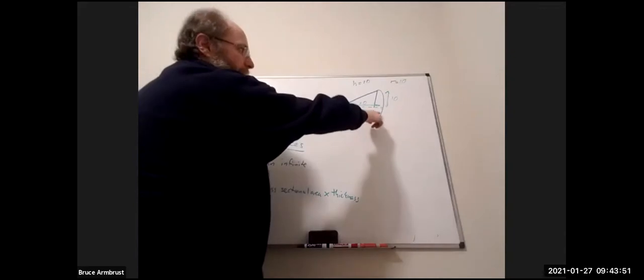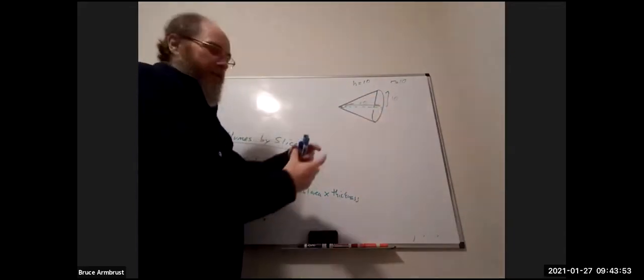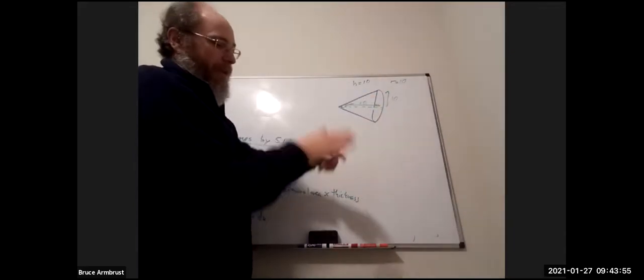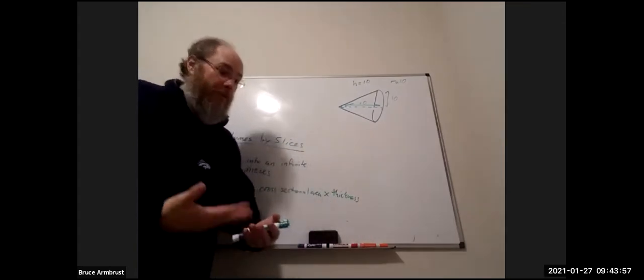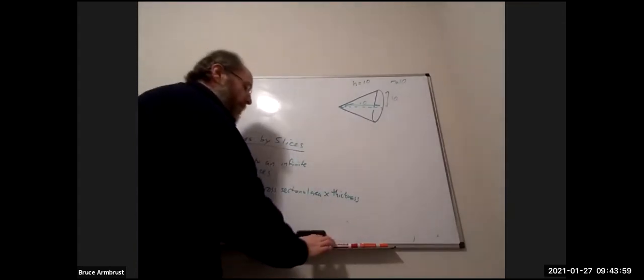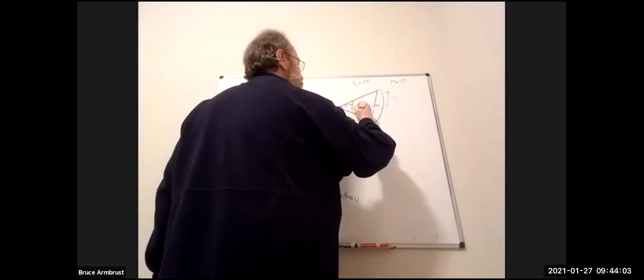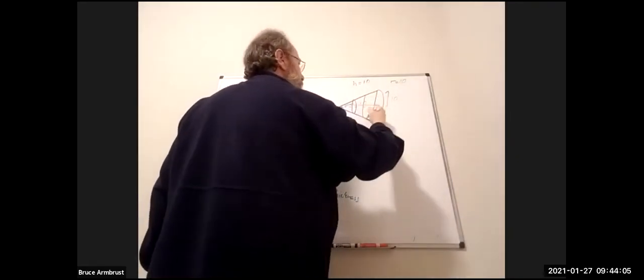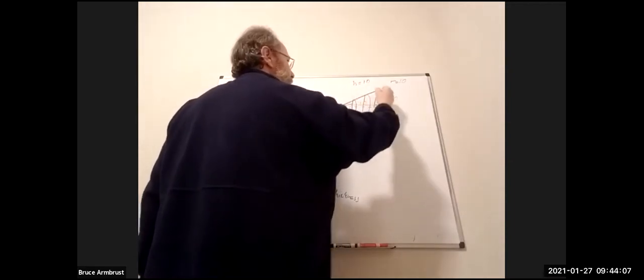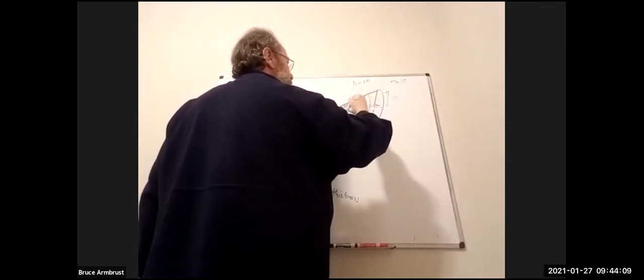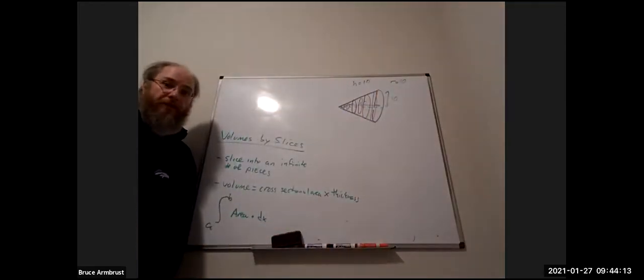Right? I mean, you kind of see it at the bottom of that cone. It's a circle. If you were to slice anywhere else, it's going to be a circle just of different size. So these slices are all circular. So there's going to be a smaller circle there, a bigger circle, a really tiny circle. But no matter where we slice this thing, we're going to get ourselves a circle as the cross section.